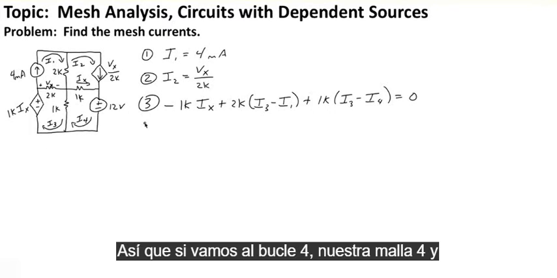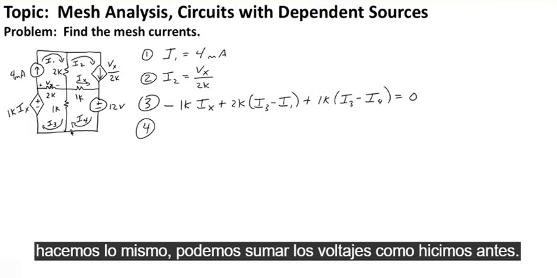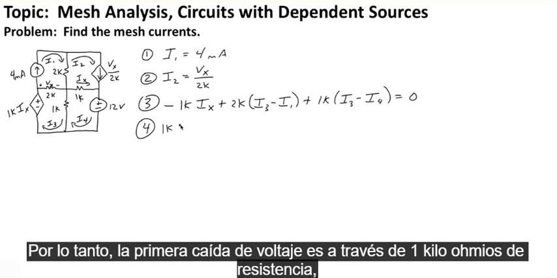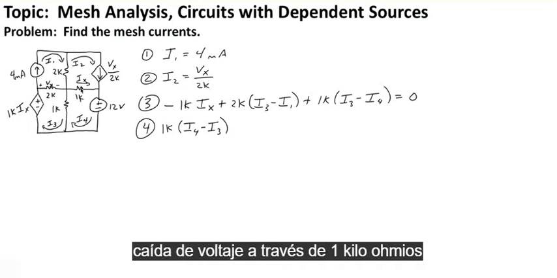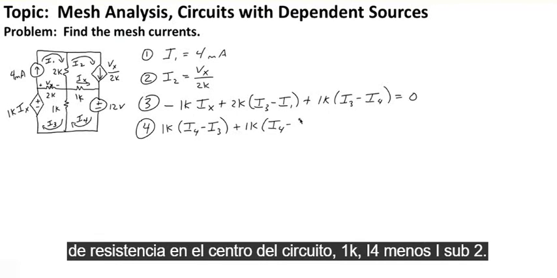If we go to loop 4, or mesh 4, and do the same thing, we can sum the voltages up just like we did before. The first voltage drop is across the 1 kilo ohm resistor, and it's 1K (I4 minus I3), plus the voltage drop across the 1 kilo ohm resistor in the center of the circuit, 1K (I4 minus I2).